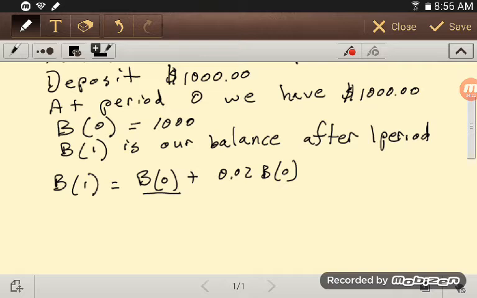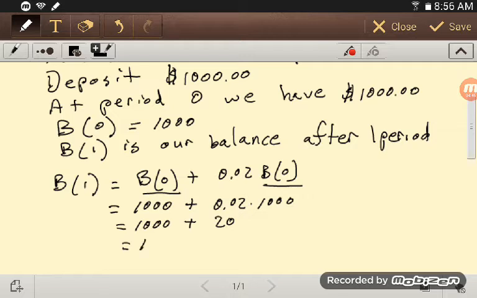Now we know that that was $1,000 plus 0.02 times $1,000, and 2% of 1,000 is 20, so that's plus 20. So that gives us $1,020 at the end of period 1.